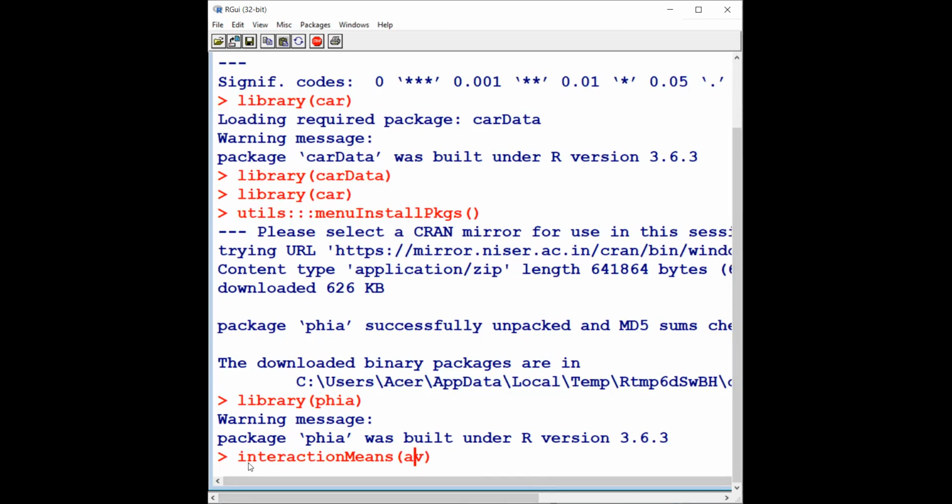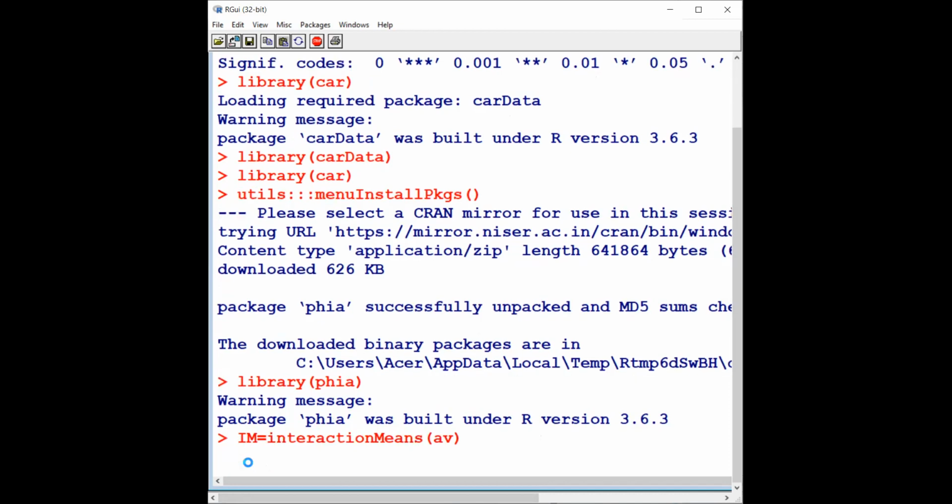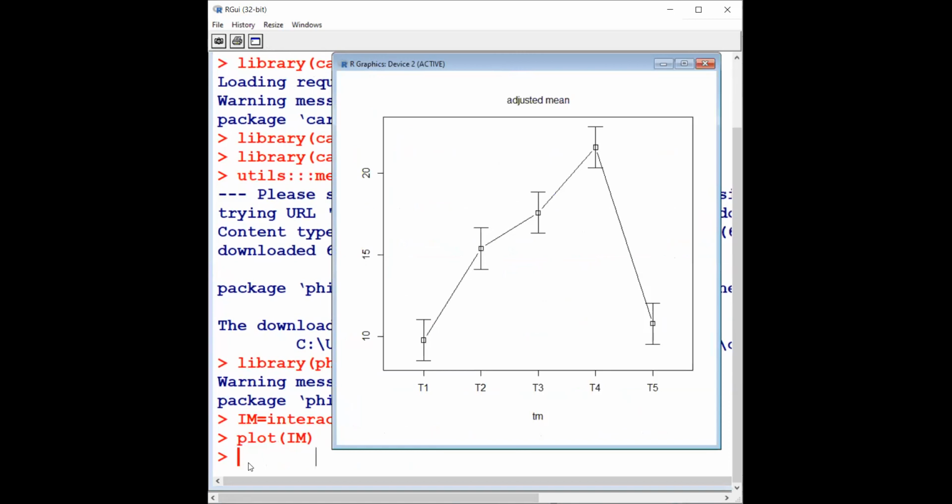And here I will give a name for this variable. Then you can use plot, the name of this variable, that is IM. Now you can see the mean effects plot.